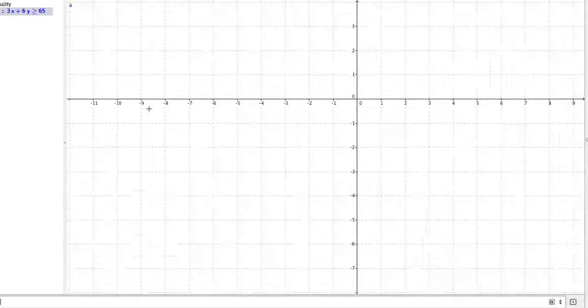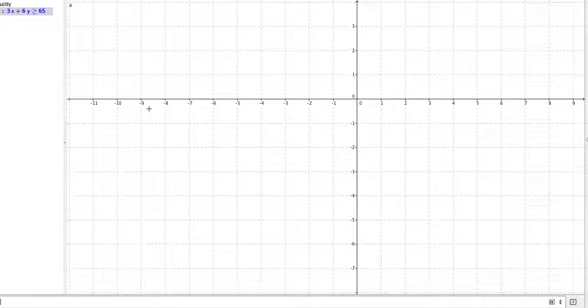That's how we write greater than or equal to in GeoGebra: the greater than symbol first, then an equal sign, and write 65. And click on return. Look where the graph is. Make it smaller.